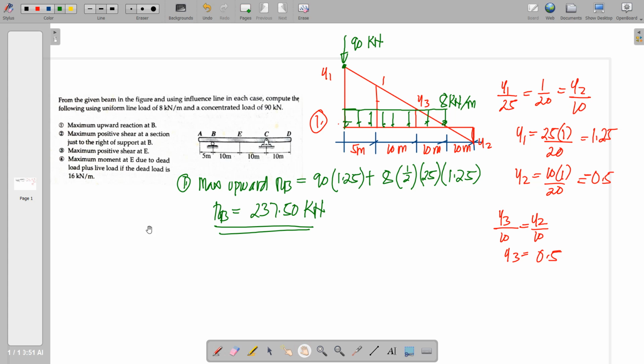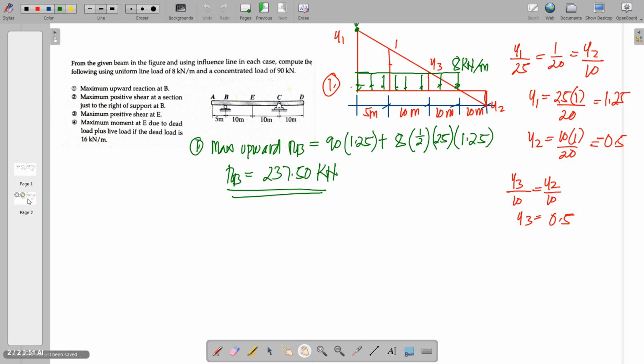Okay, so for the second requirement, we need to have the maximum positive shear at section just to the right of support B. So for the positive shear, we also need to establish the influence line diagram.